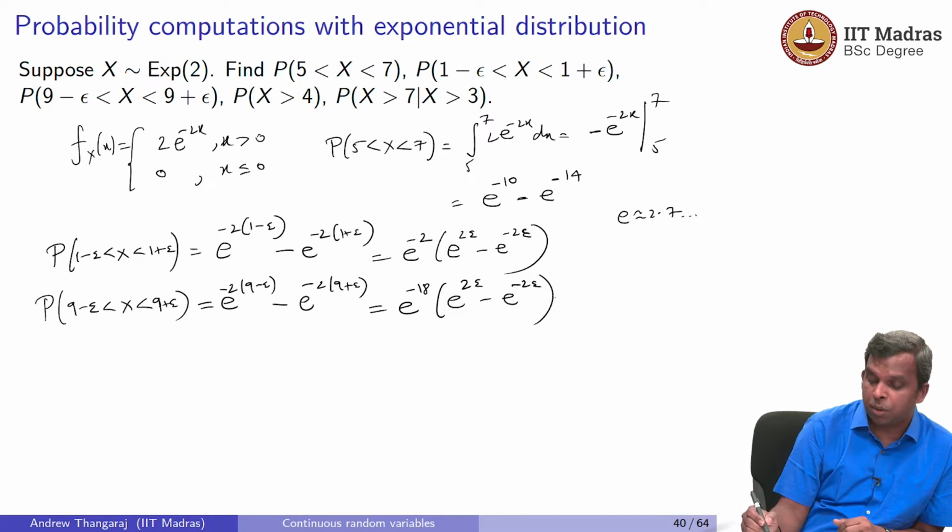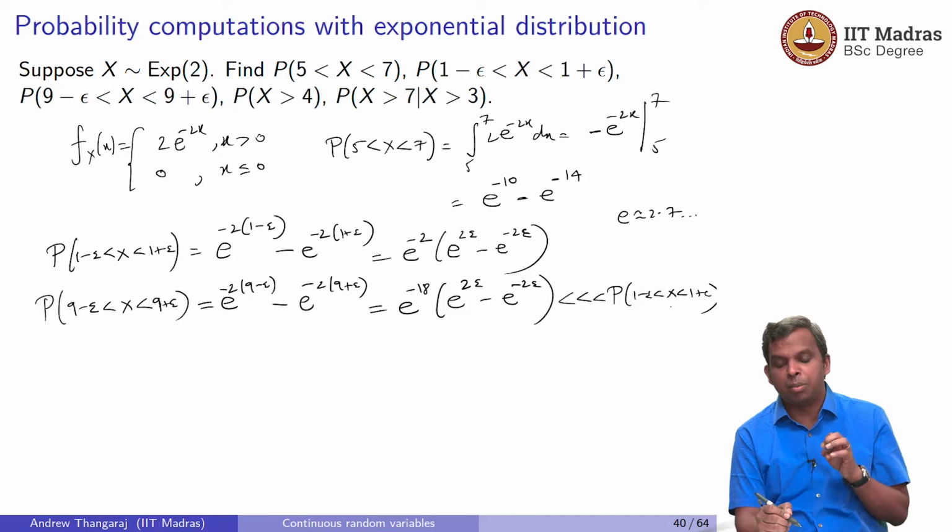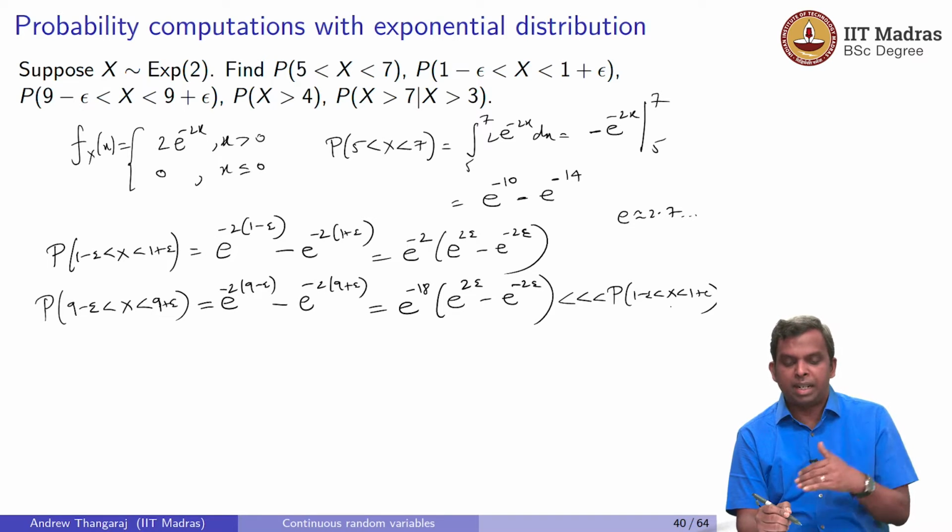It has gone much smaller than the probability of 1 minus epsilon less than X less than 1 plus epsilon. The same width, but notice how non-uniform it is. e power minus 18 is just really small. The same width of 2 epsilon around 1 has a much higher probability of occurring than that same width around 9. That is the PDF falling exponentially fast for you.